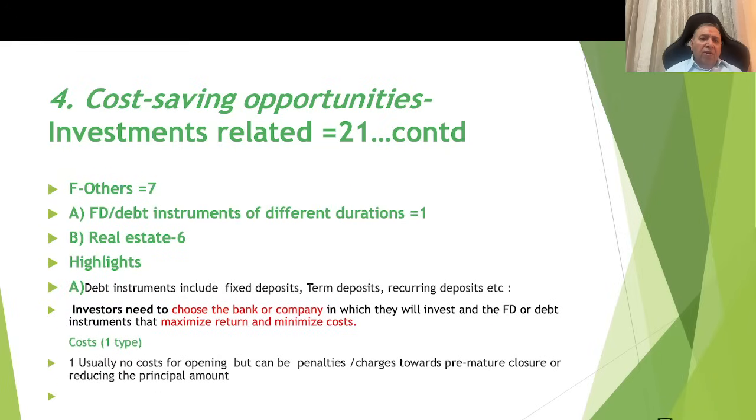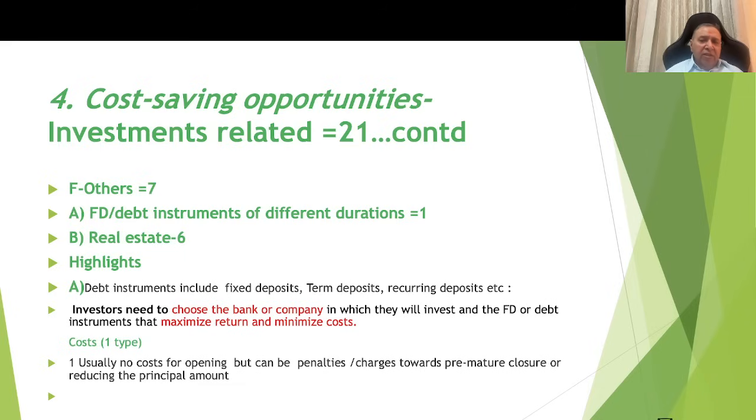Others. Besides the above listed examples of investments, an investor can also make use of FDs and debt instruments of different durations, and real estate. In the case of debt instruments, an investor can buy fixed deposits, term deposits, or recurring deposits.